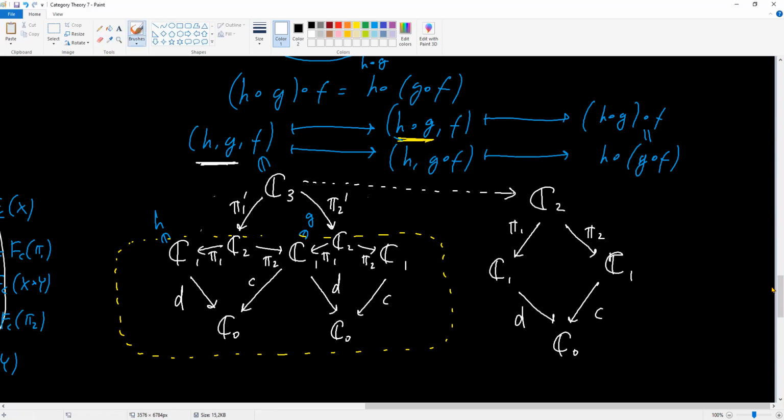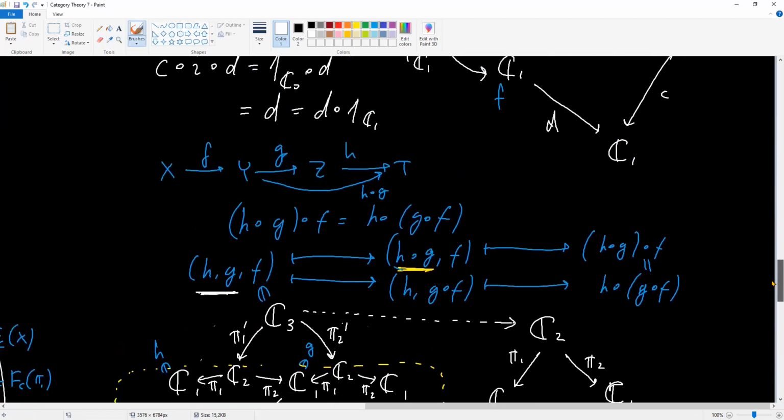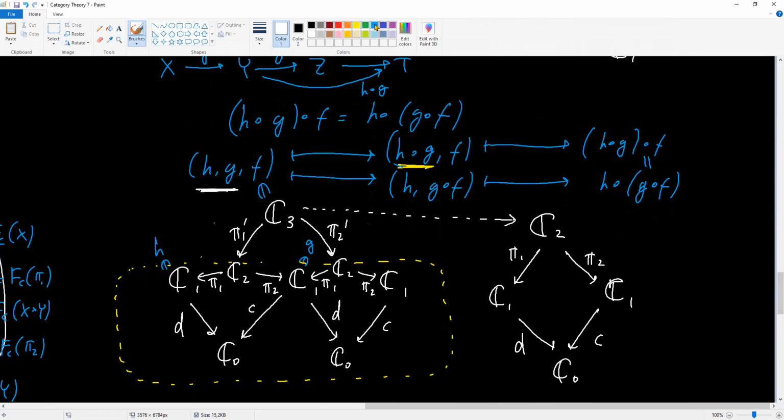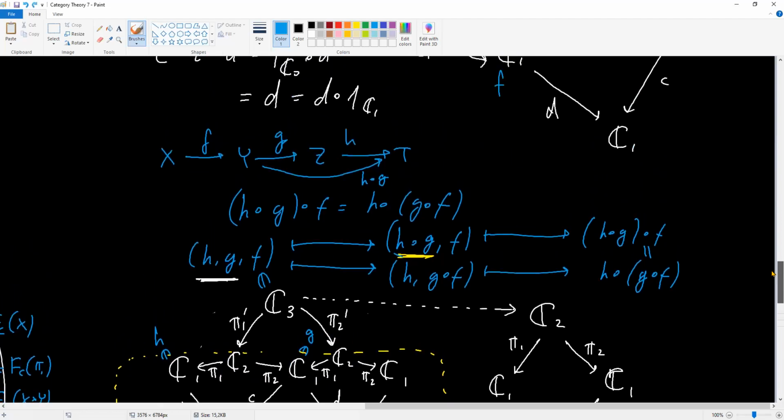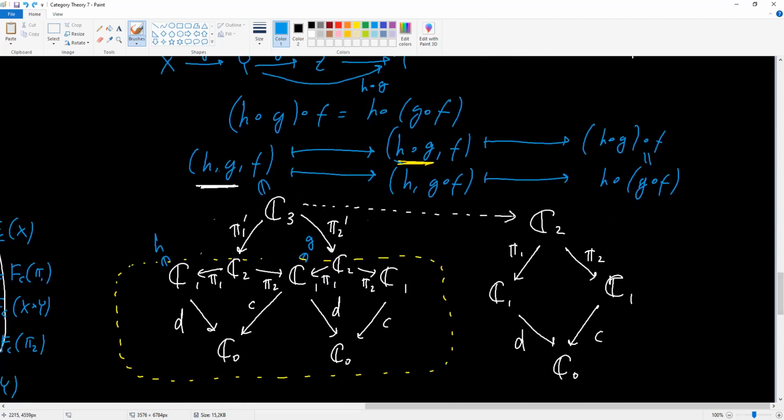Now, with this construction, we've modified slightly the representation of what we're doing. Because now, as in general with pullbacks, it will be a pair of something from there and something from there, the second component of the thing here being the same as the first component of the thing there. So it will not be a triple HGF, it will rather be a pair of pairs, because in C2 we have pairs.